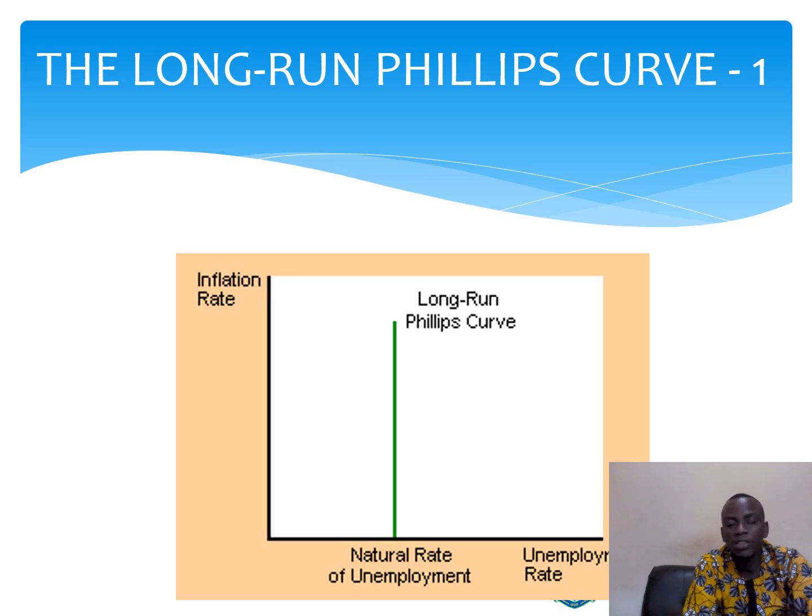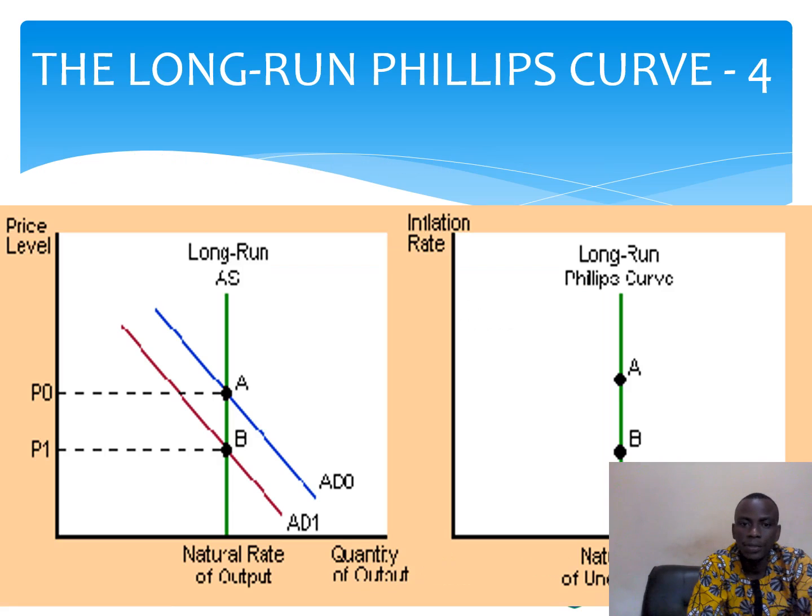Recall we said the natural rate of unemployment is that unemployment which comes in normal periods, when we are not in recession. In most cases it's a low rate of unemployment, compared to the cyclical one, which happens when we are in a recession, when the economy is not doing so well.